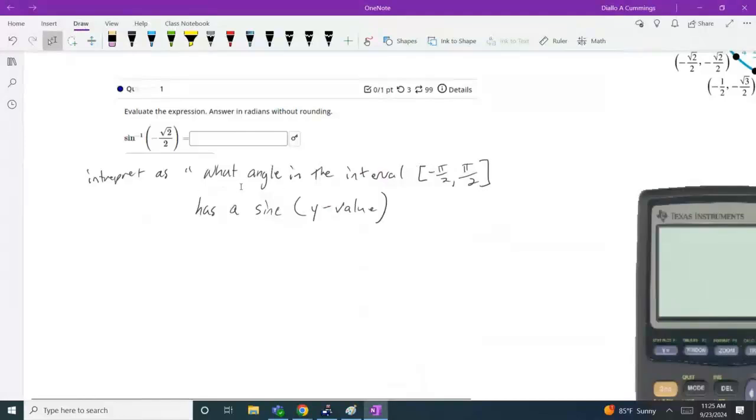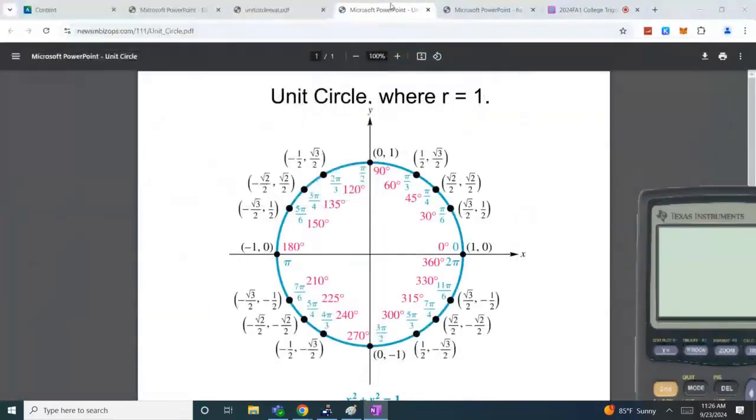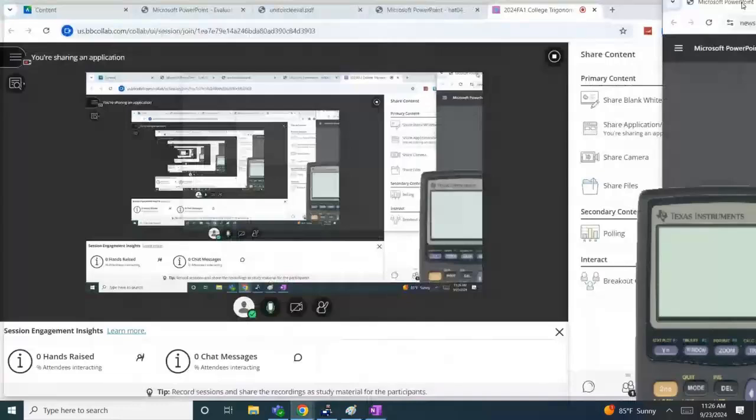So we're going to interpret this as what angle in the interval from negative pi over 2 to positive pi over 2 has a sine, which is a y value, of negative square root of 2 over 2. I'm going to look in the unit circle and pull both of these things up together, hopefully.